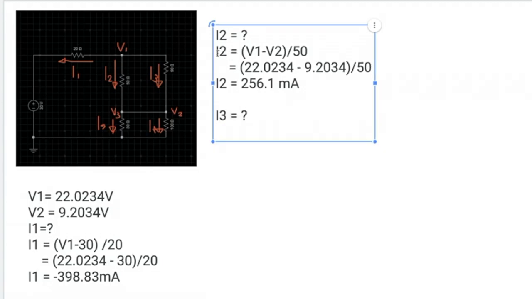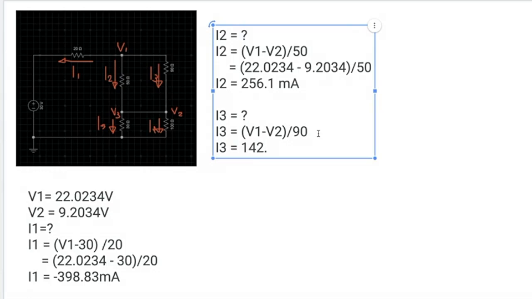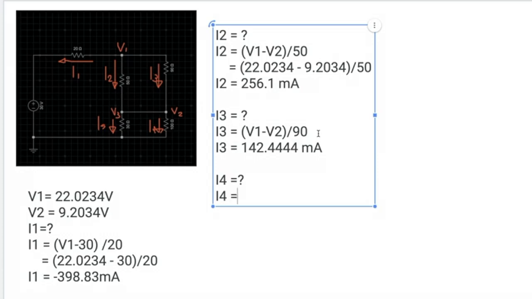Same approach then. This time, this will be I3 and the resistor across I3 is 90. So that will be 22 minus 9 divided by 90. That will be 142.444 milliamps. Then I4 is unknown. I4 is equal to V2 over 100.